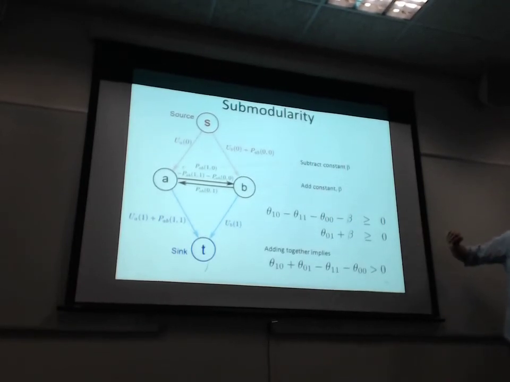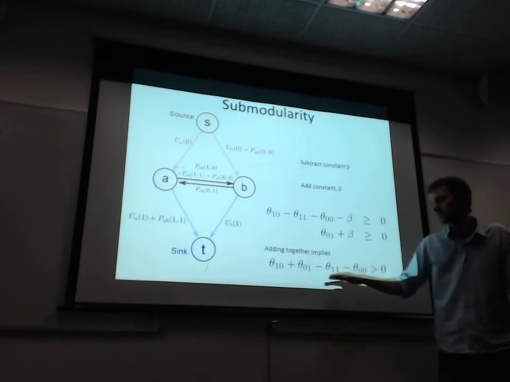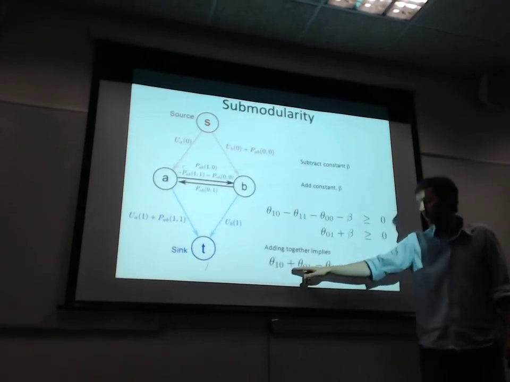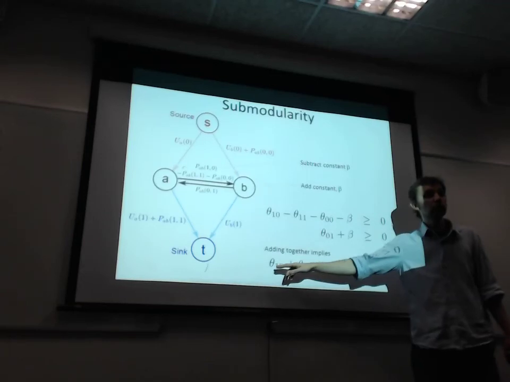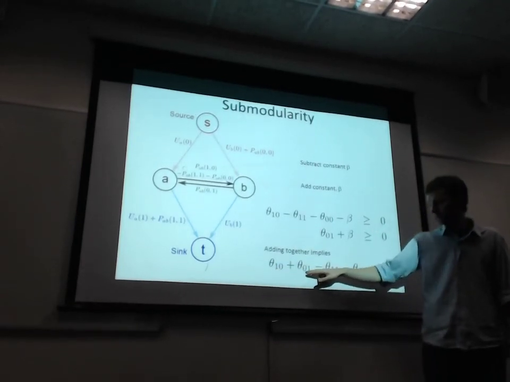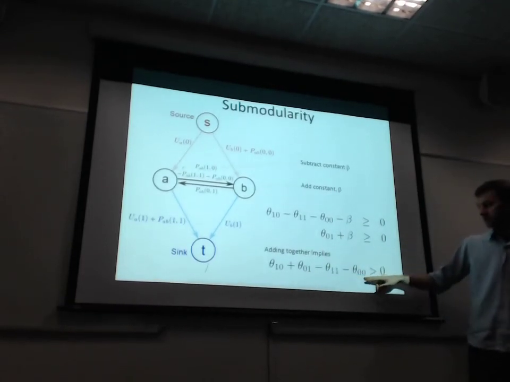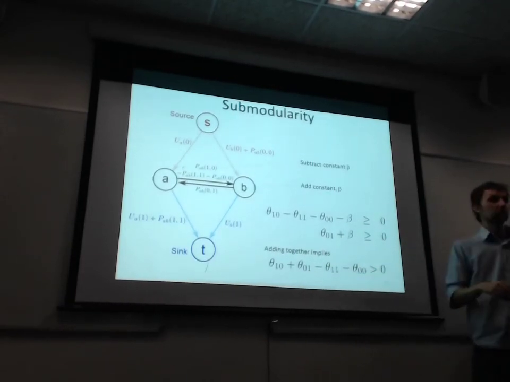Now, we can add these two equations together, the betas go away, and what we're left with is this equation that says theta 10 plus theta 1, so the two dislike costs added together, minus the two like costs in total, has to be greater than 0.